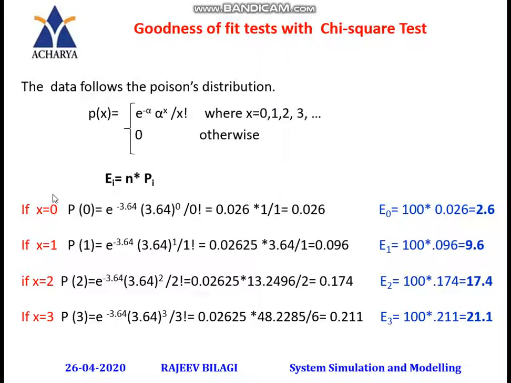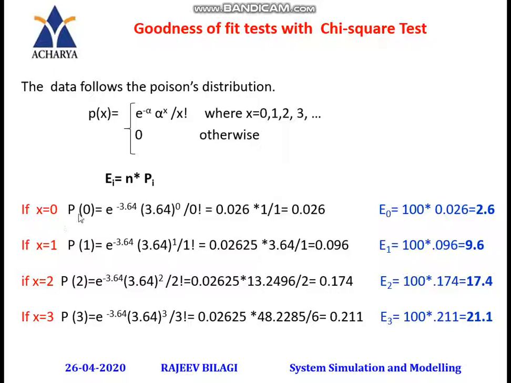Now we have to convert all these values of x, 0, 1, 2, 3, 4, 5, with respect to this formula. If you substitute x equal to 0, you get e to the power of minus 3.64 into 3.64 to the power of 0 divided by 0 factorial.